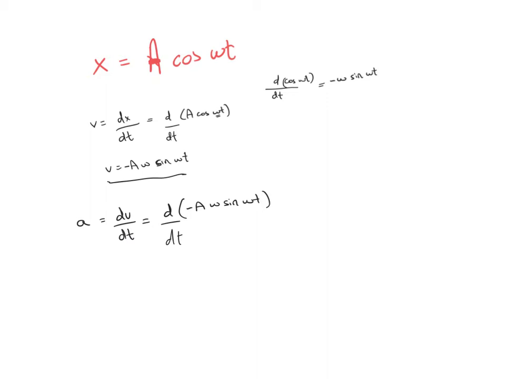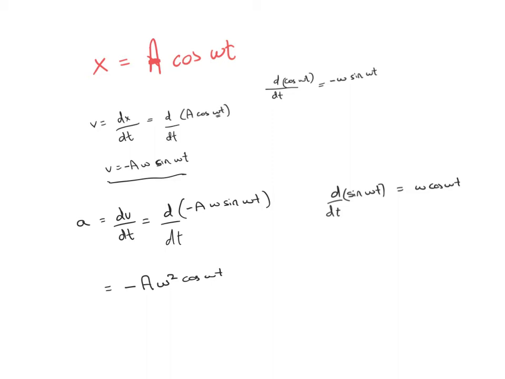If I want to differentiate sine omega t with respect to time, that will be omega cos omega t. So that will be simply minus a omega times omega, which is omega squared, cos omega t.